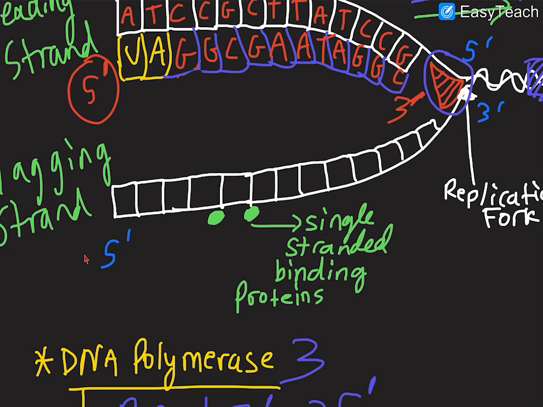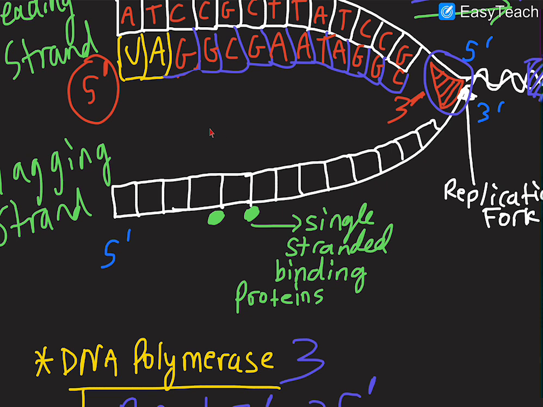Look, so the lagging strand, right? What we have to focus on is that this starts at the 5' end, and then it ends at the 3' end. But remember what we said DNA polymerase 3 does. Okay, DNA polymerase reads from 3 to 5. So 3 to 5 is this way in the lagging strand, and it's going to synthesize from 5 to 3, which is this way.